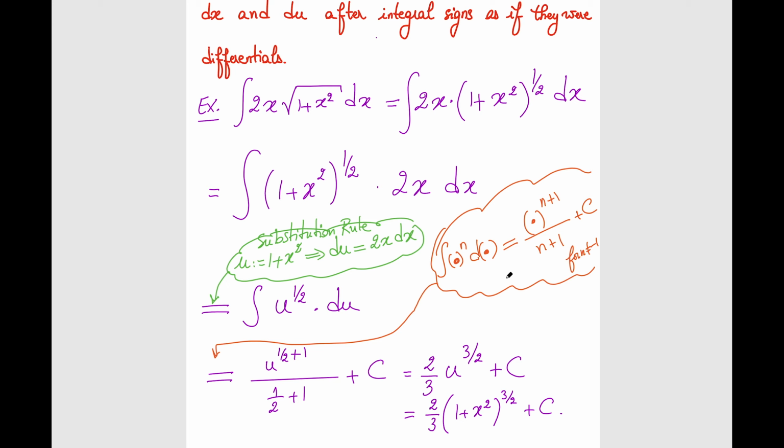Okay. So the idea of the substitution rule is to transition, by an appropriate substitution, from a complicated integral to a simpler one, like we did here, where all techniques can apply.